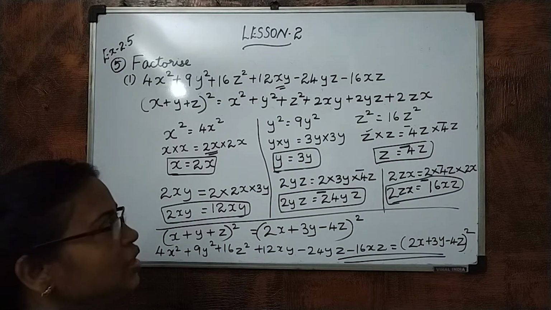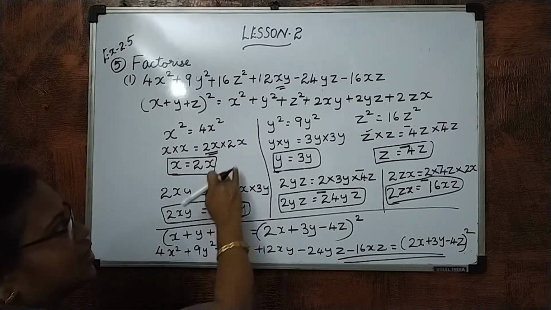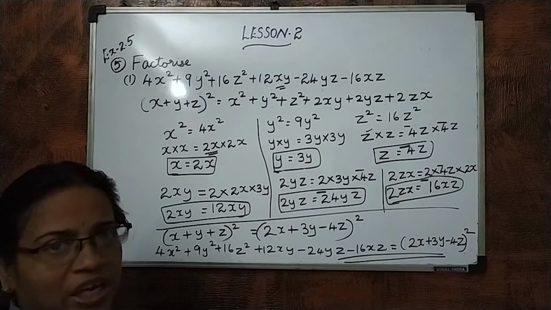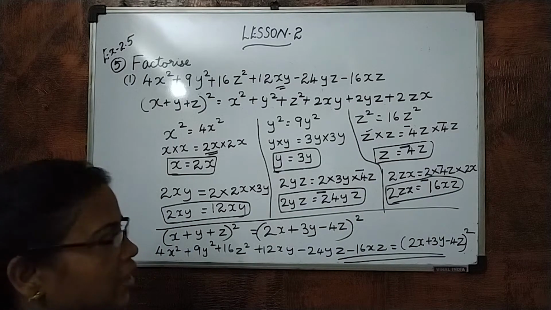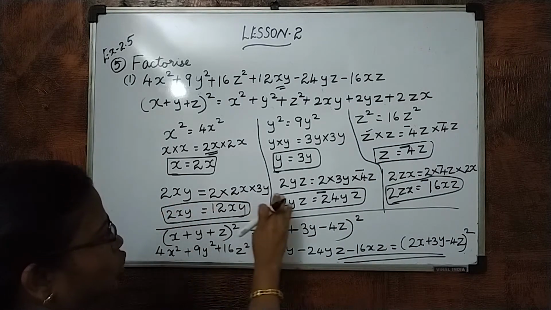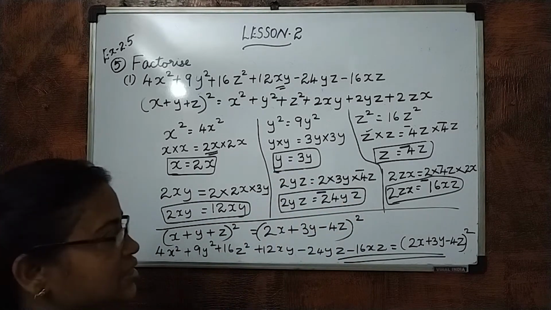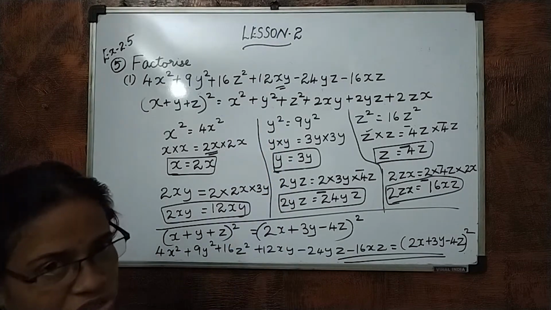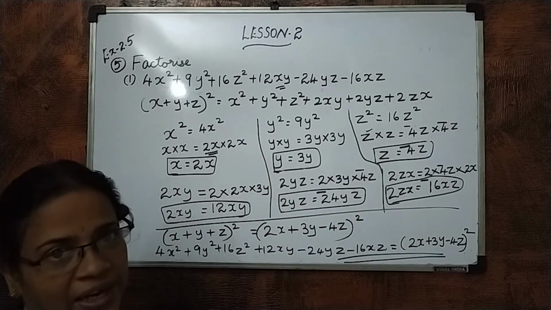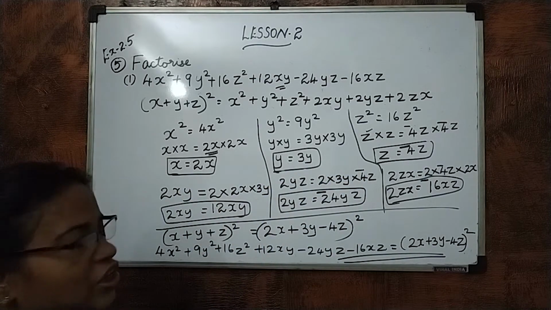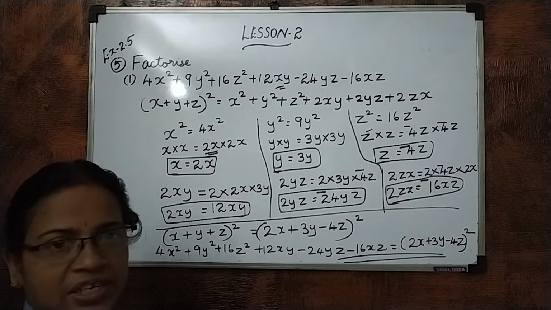First you find out x square, then what is x. Then y square, find out y. Then find out z square, then what is z. Then you have to prove that 2xy, 2yz, 2zx, with this x, y, z, are the correct terms you got from the question. There you are proving that our x, y, z are correct. After that you have to find out x plus y plus z the whole square, and you will get the answer.